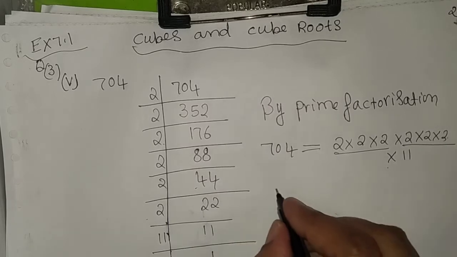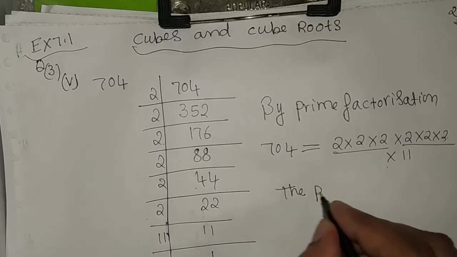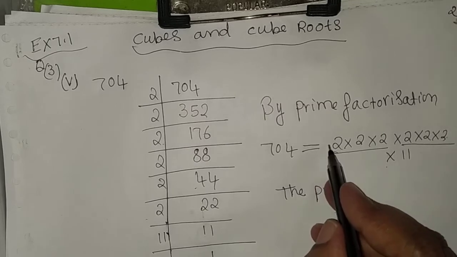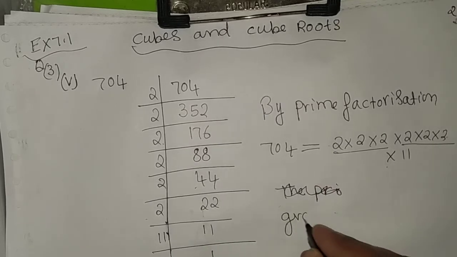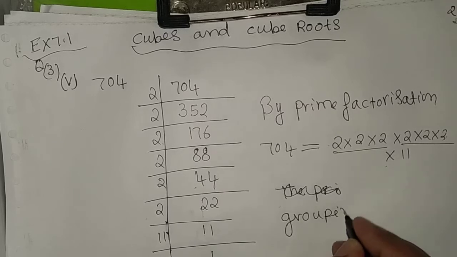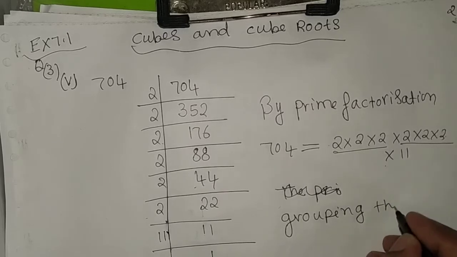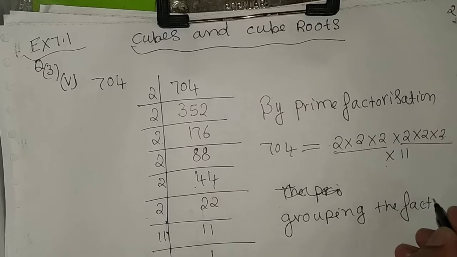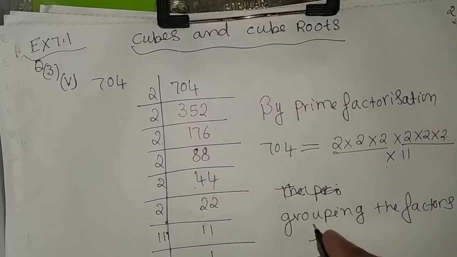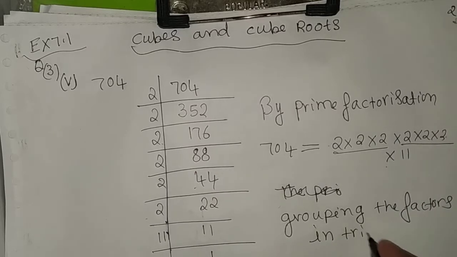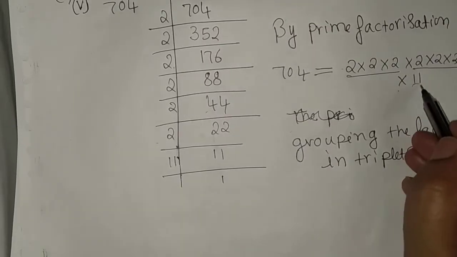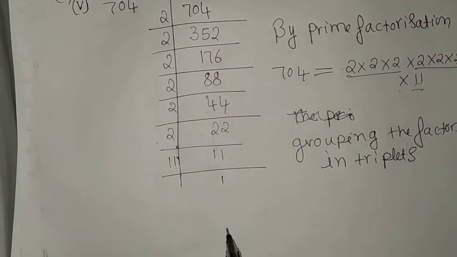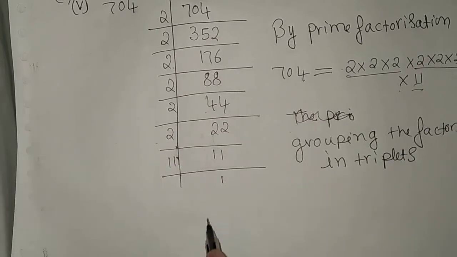So what we write? The next step is grouping the factors in triplets. So here also we got 2 groups of 2's. Next, see, 11 does not appear in any group, therefore this 704 is not a perfect cube.